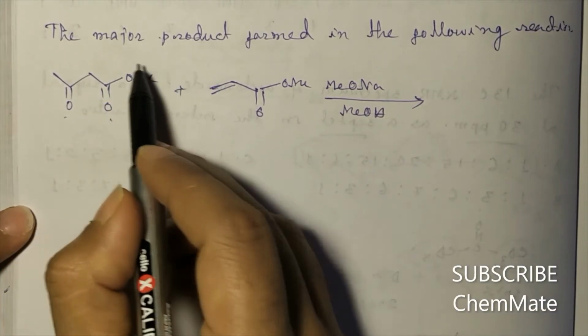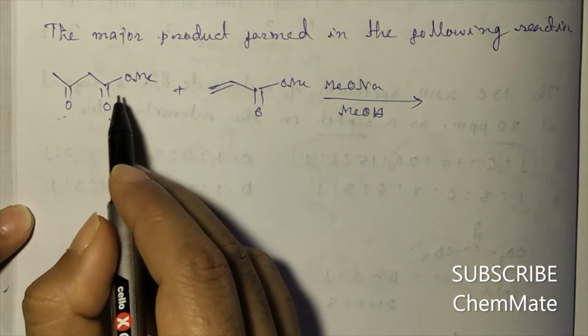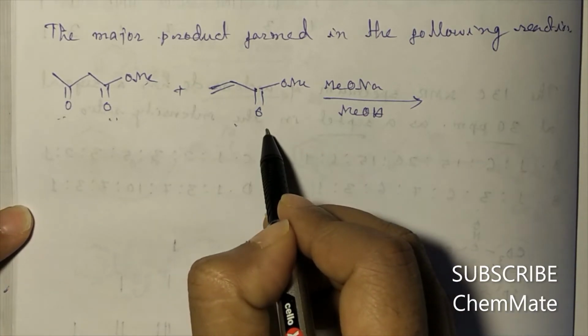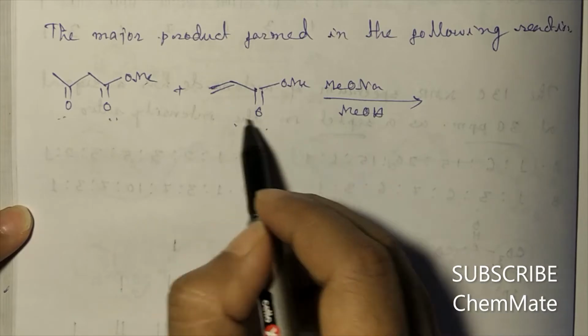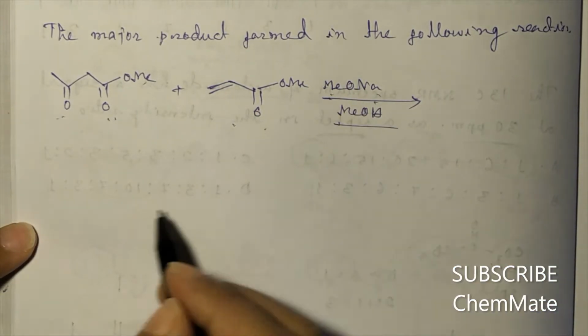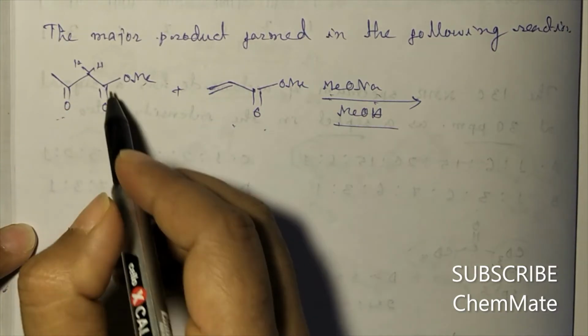The next question: the major product formed in the following reaction. This is methyl acetoacetate, this is methyl acrylate, in presence of NaOMe, MeOH. So in presence of a strong base, what will happen? Here two acidic hydrogens are there. Why are they acidic?